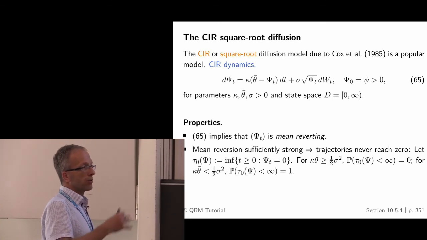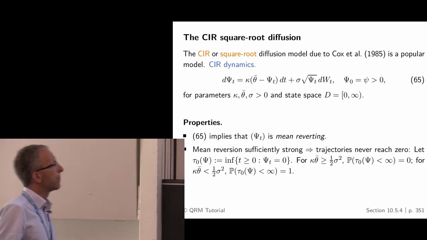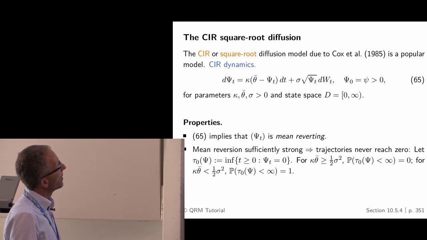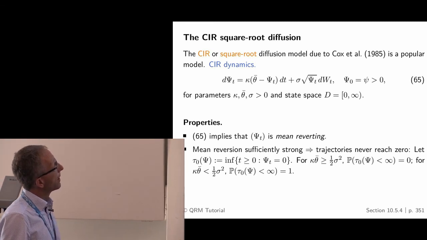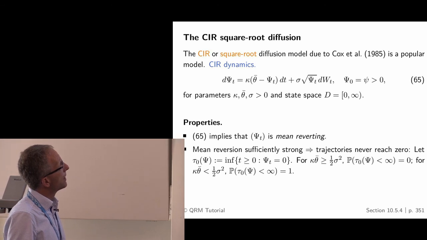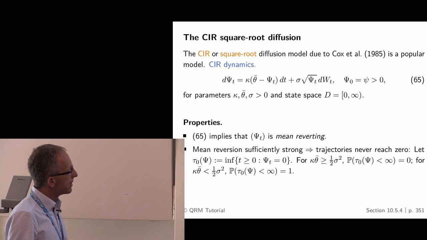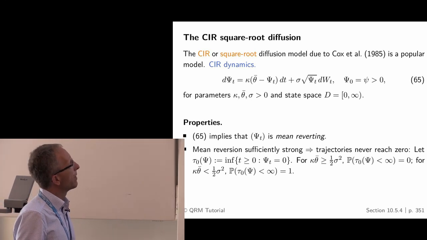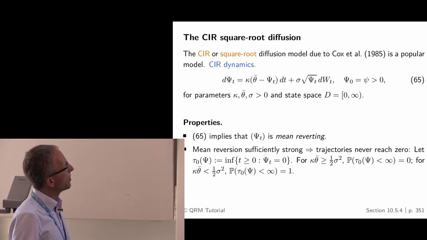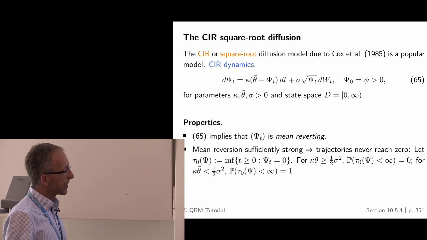But of course, they will also always be driven away, because there's some noise. And the noise is modeled by the second part here. There it's some volatility and some square root of psi times dW_t. The square root is in here. You could have a normal psi_t, but then without the square root the model would not be tractable anymore.